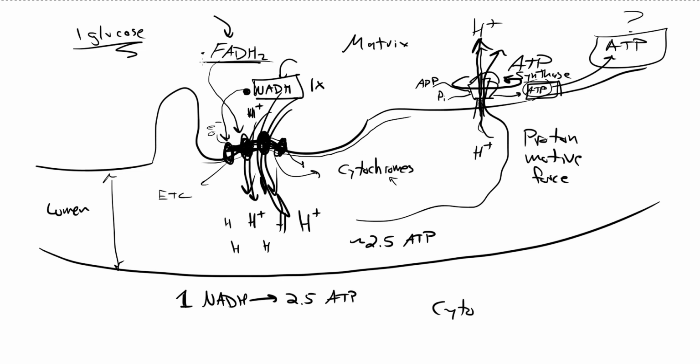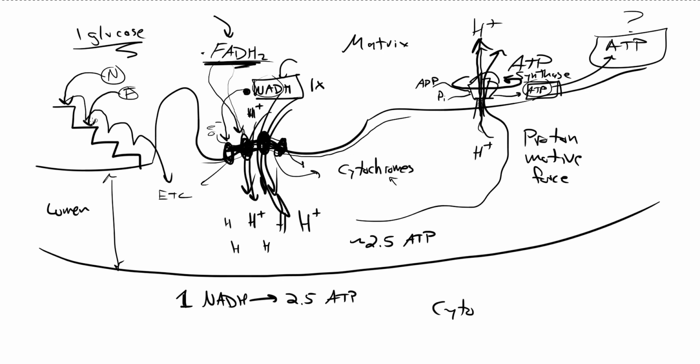Now FADH2, because it's not as high of an energy carrier, so the electron carrier is not as high in energy as the NADH is, it's going to donate its electrons a little bit downstream. If you think of this analogy like a staircase, if NADH is donating the energy up here, it can bounce down and get more energy out of it. FADH2 is donating one step down, and so you're not getting as much energy coming out of it.